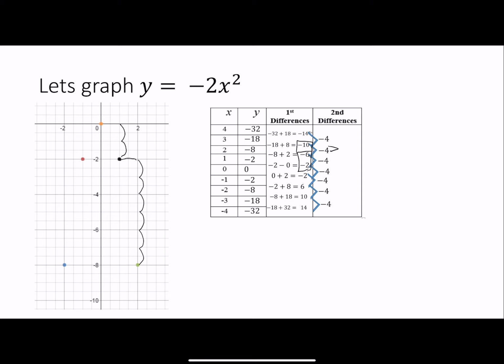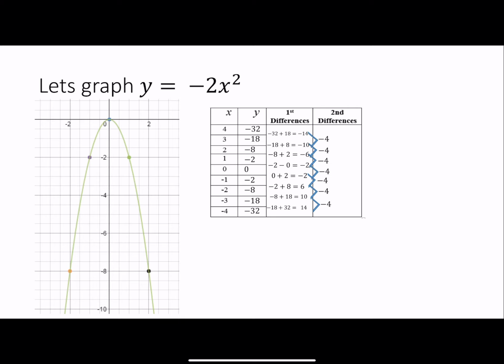And the step after that will be an increase of basically -4. So my next step would be -18. But anyway, we can't see it right here. And that would be how you draw this quadratic equation. Now, just a note, when you see a negative here, this negative flips the parabola.